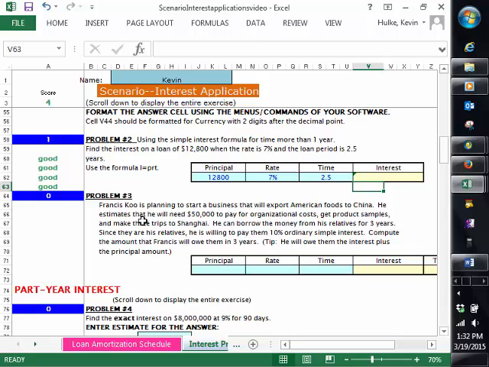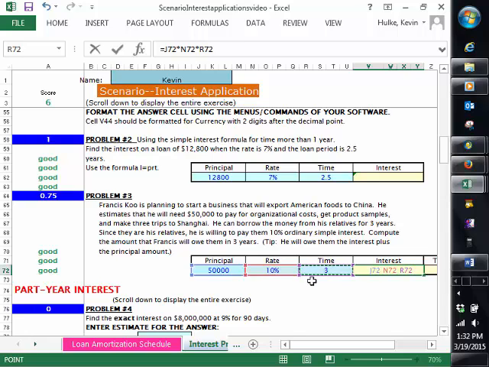Next one. Francis Koo is planning to start a business that will export American foods to China. He estimates that he will need $50,000 for his organizational costs, get sample products, and 3 trips to Shanghai. He can borrow the money for 3 years from his relatives at 10%. Remember to enter it as a decimal. So the amount of interest will be the principal times the rate times the time.